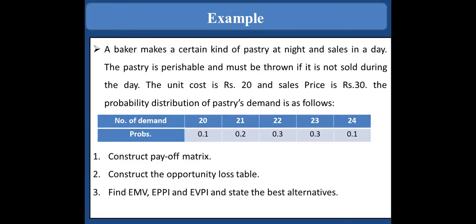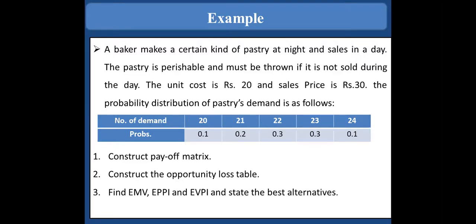In this example, what we have given is, a baker makes a certain kind of pastry. So here the business is the bakery, and sales in a day. The pastry is perishable and must be thrown away if it is not sold during the day.